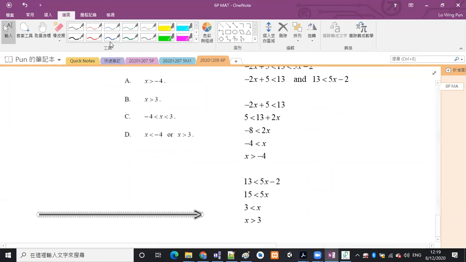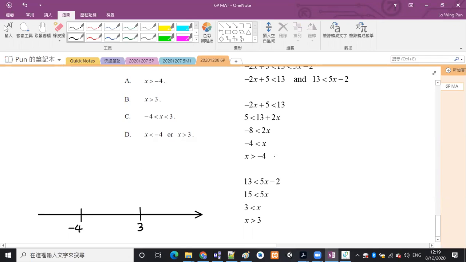Okay, and then we will have this -4 and +3. Okay, so this is -4 and this is +3.